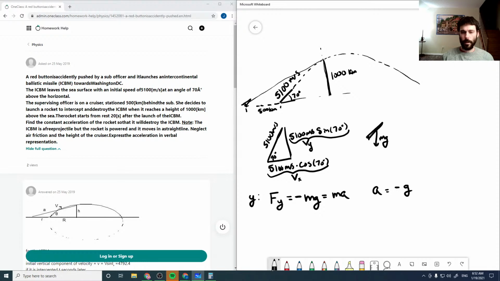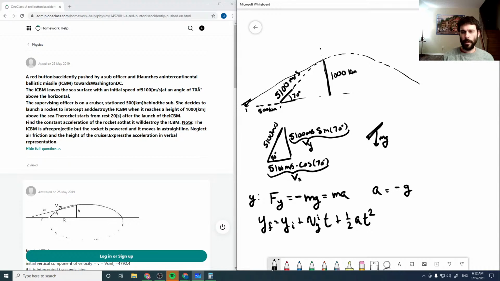And now we can use our kinematic equations and say that our final y is going to be our initial y plus our initial velocity in the y direction times time plus 1/2 at squared.